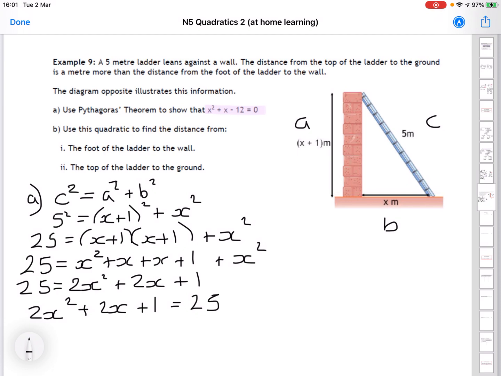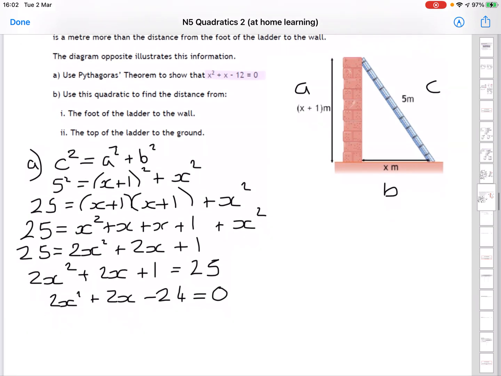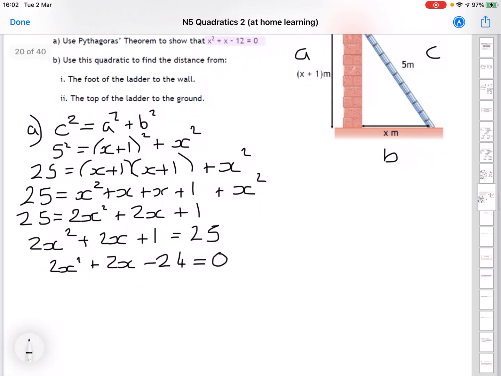Then I need to get everything over to the left-hand side because I want equals 0 on the right-hand side. So 2x squared plus 2x plus 1, and with 25 on the right-hand side, we take away 25 from both sides to get that to be 0. So 1 minus 25 leaves you with minus 24 equals 0. Now the last piece would be to factorise this through.